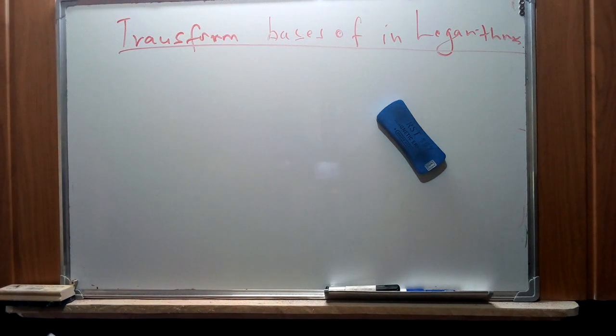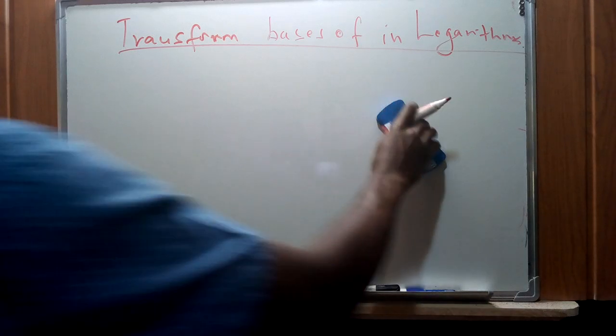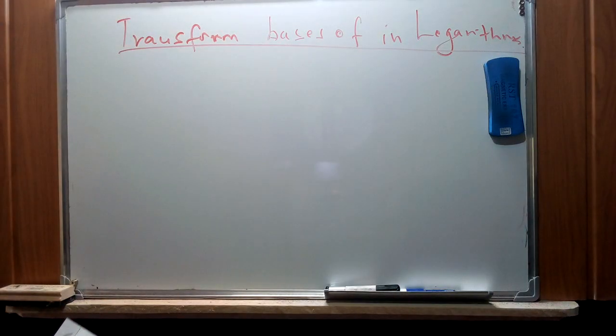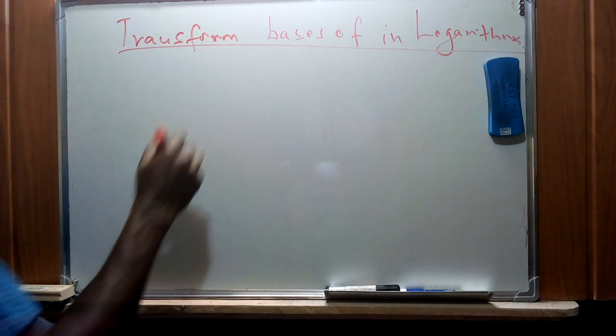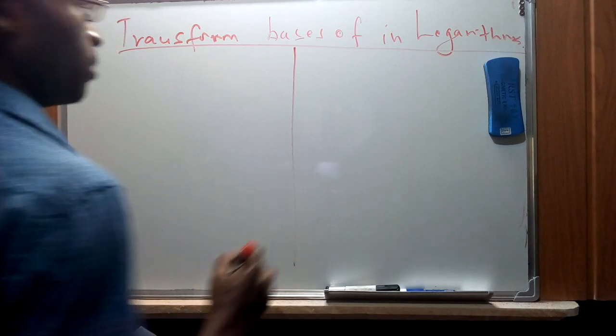Suppose we wish to change a particular logarithmic function from one base to another. Then we are going to have a specific procedure that we're going to use for that. And we can just use an example in order to illustrate that.